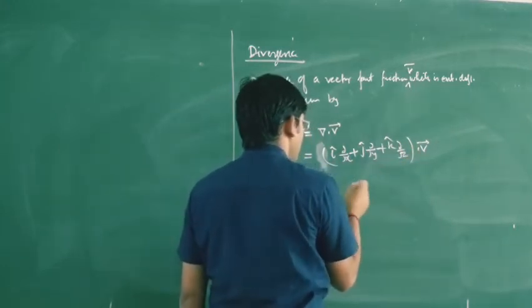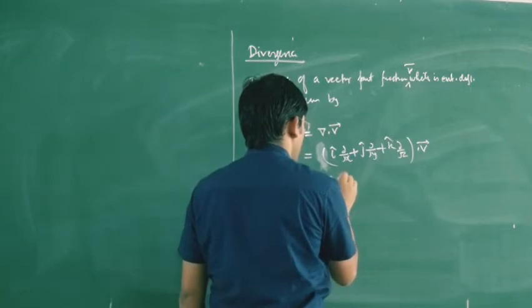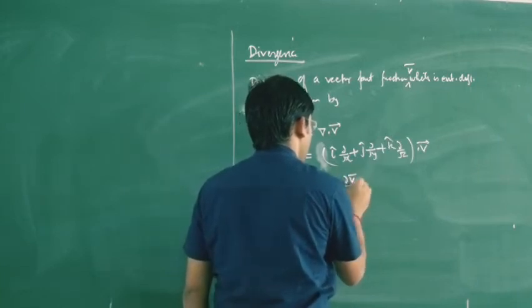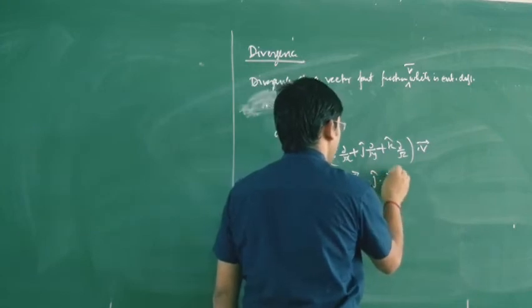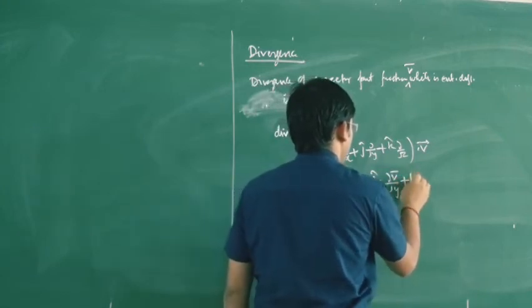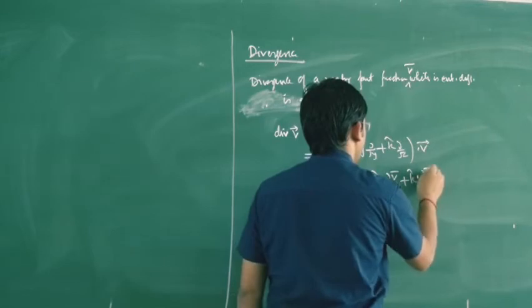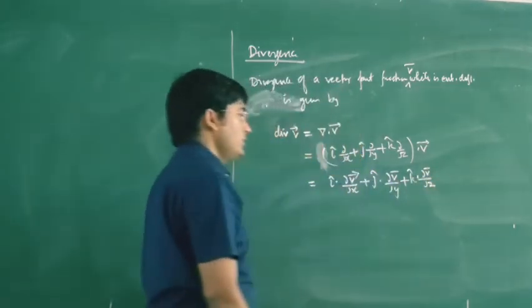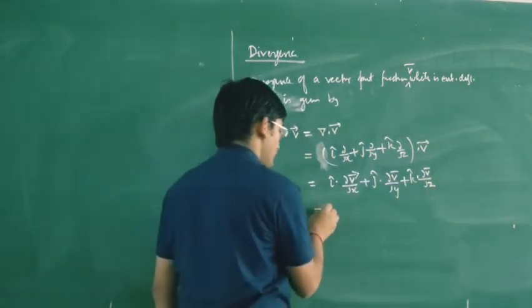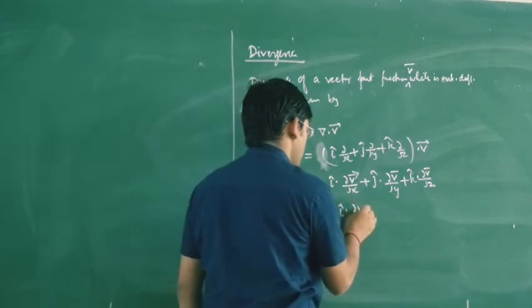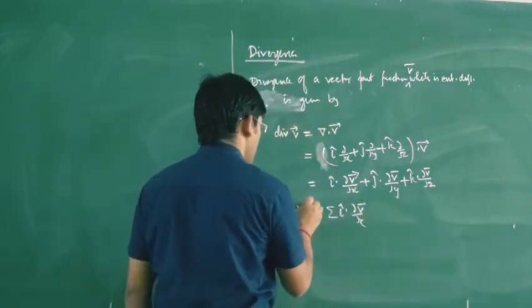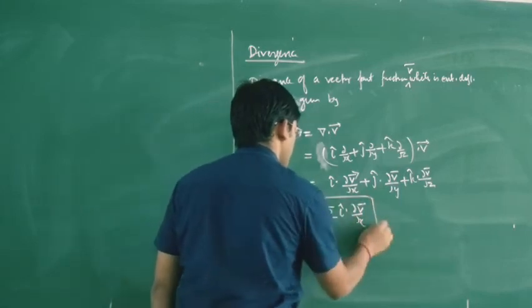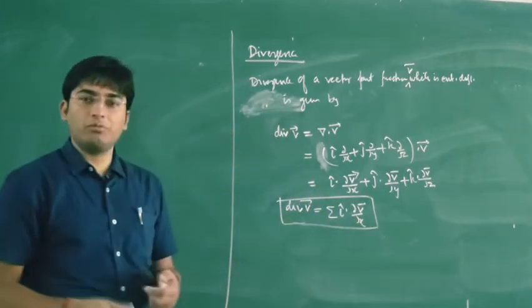So I dot v means we have i dot del v upon del x, then j dot del v upon del y, then k dot del v upon del z. So the divergence of v will be equal to summation i dot del v upon del x.